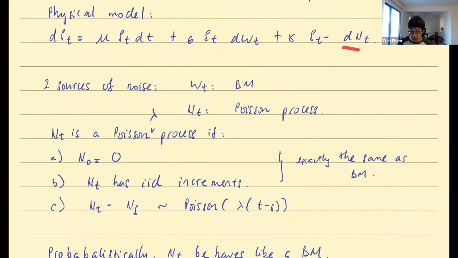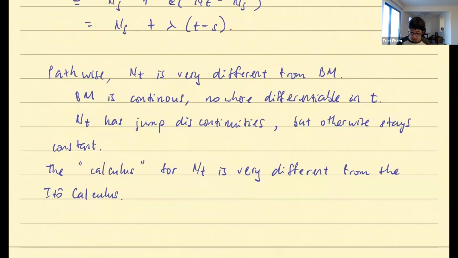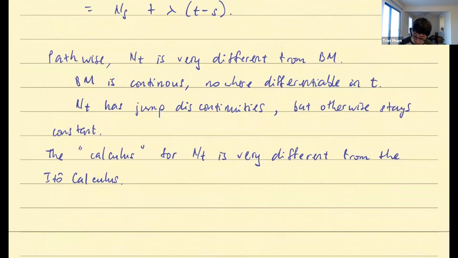So that's the calculus part. How to work with dNt is the question.